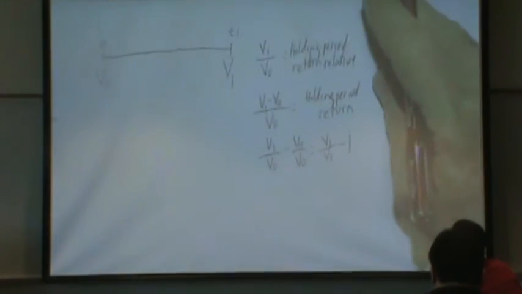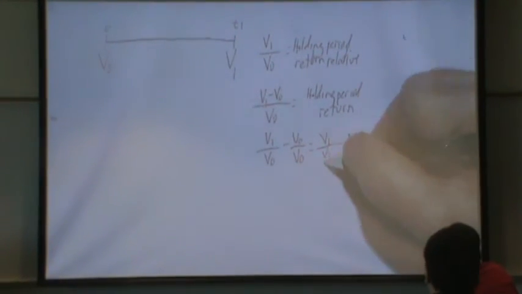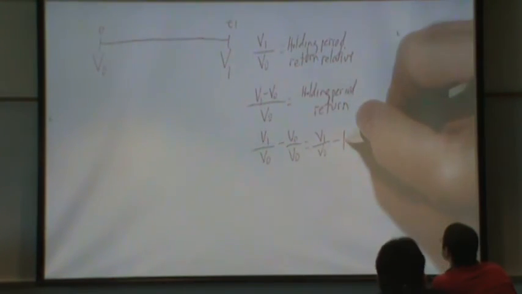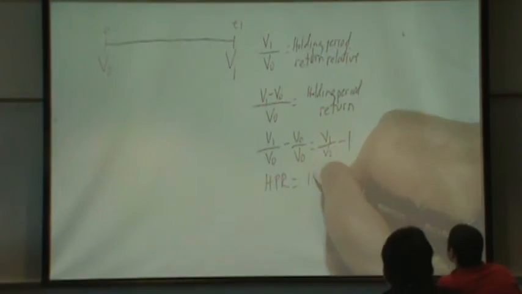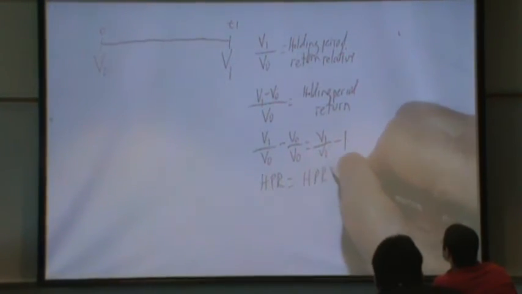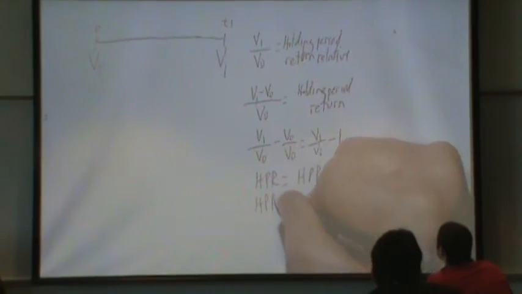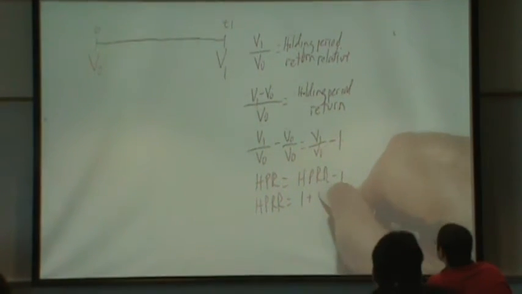So the holding period return then can be expressed as the holding period return relative, which is what this is, minus 1. So the holding period return equals holding period return relative minus 1, or the holding period return relative equals 1 plus the holding period return.